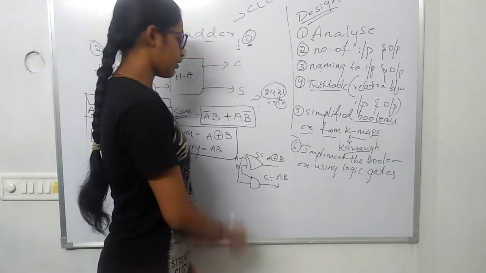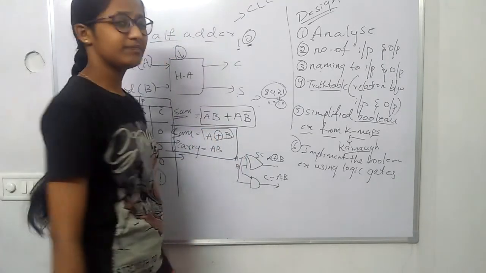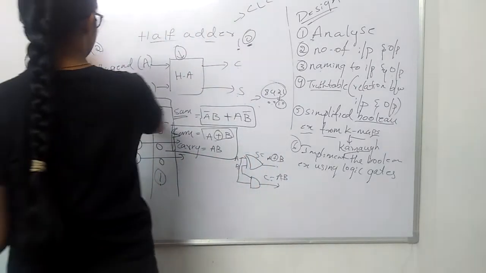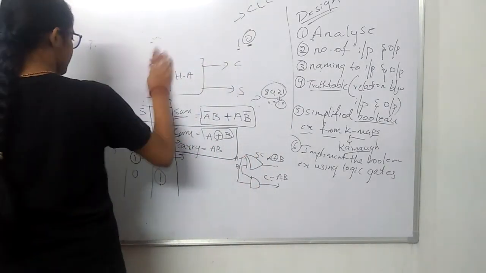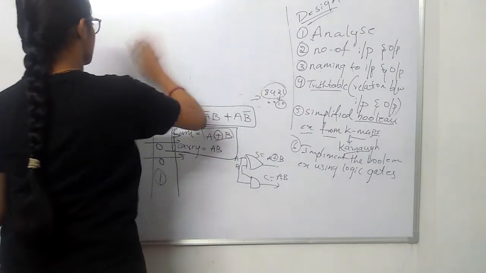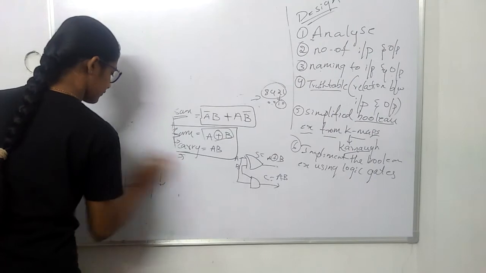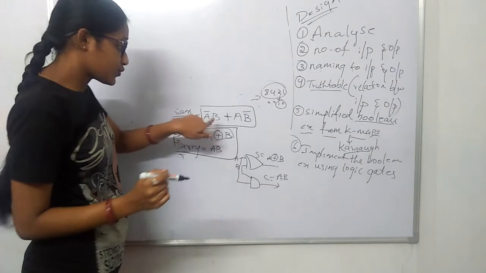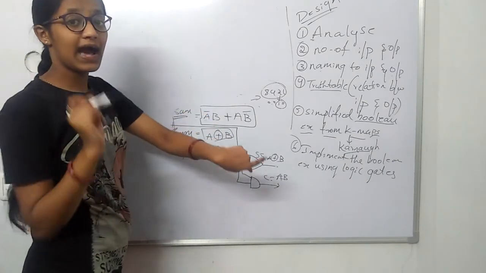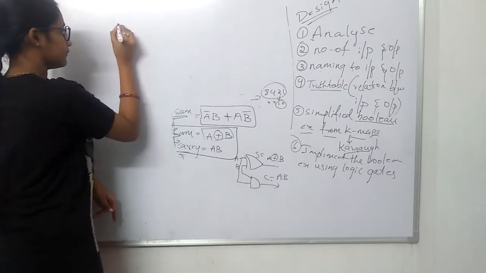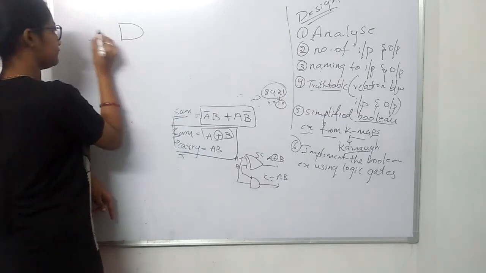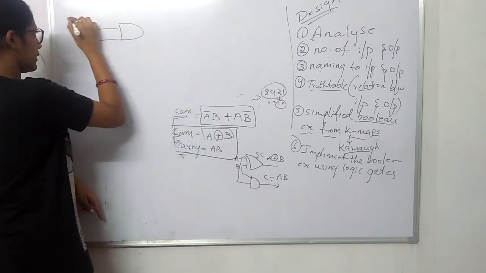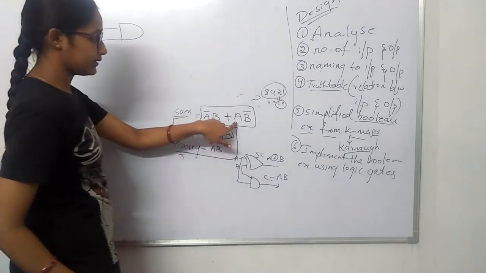If you really would like to draw the sum in basic logic gates, you can also draw. Let me show you. Okay. A bar B, these two are multiplying here, so you can take an AND gate. The inputs are A bar, B. The next one, A, B bar.